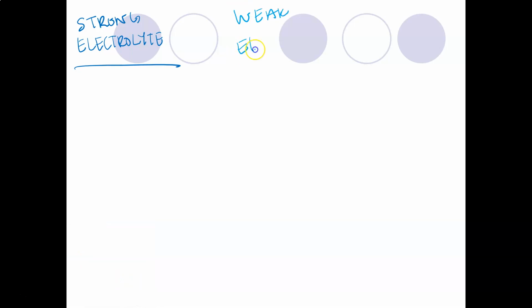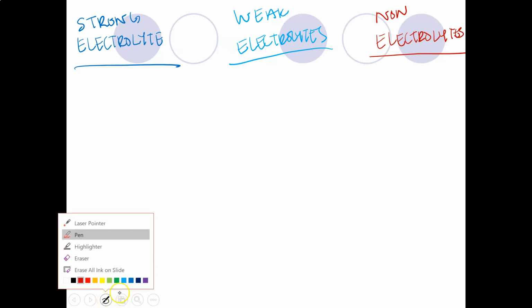Okay, so let's break our 3 categories into strong electrolytes, weak electrolytes, and non-electrolytes. And we're just going to list what things fall under what categories.